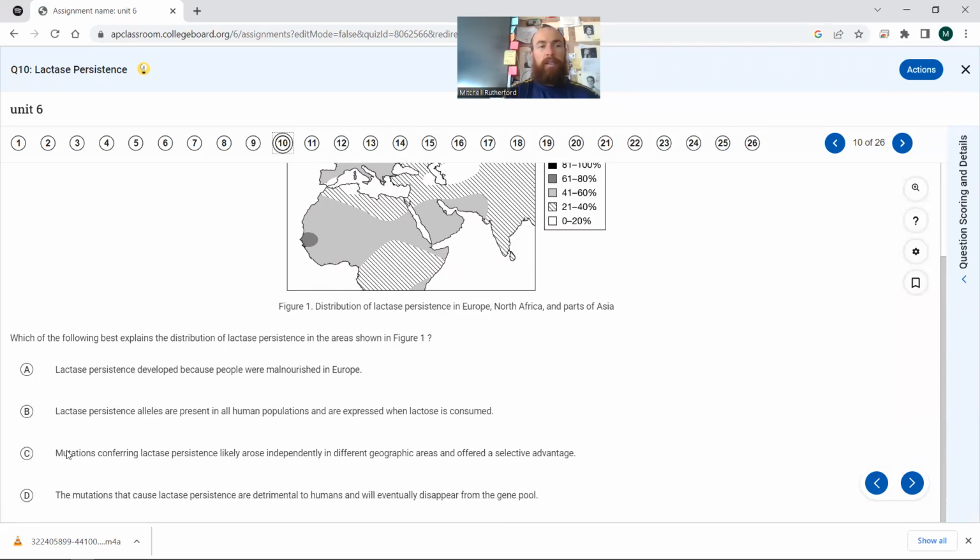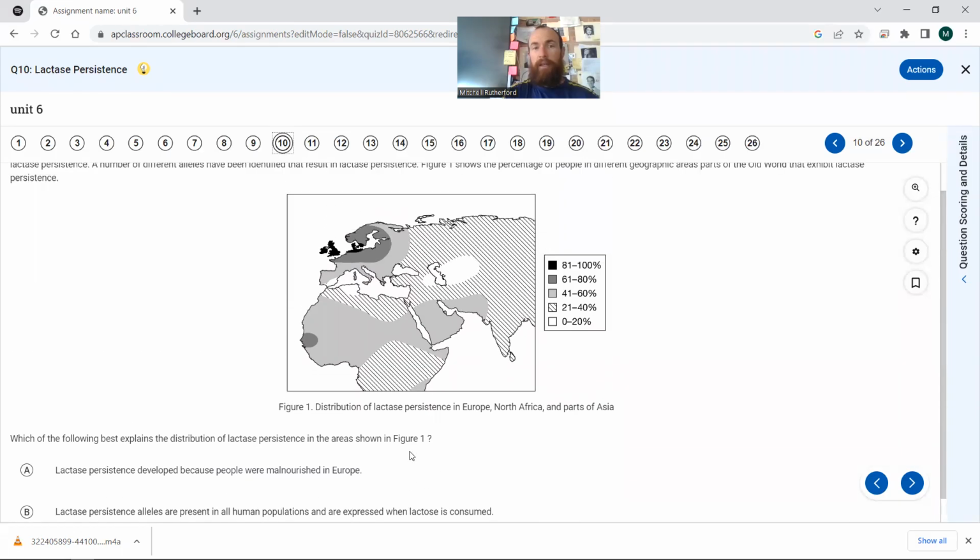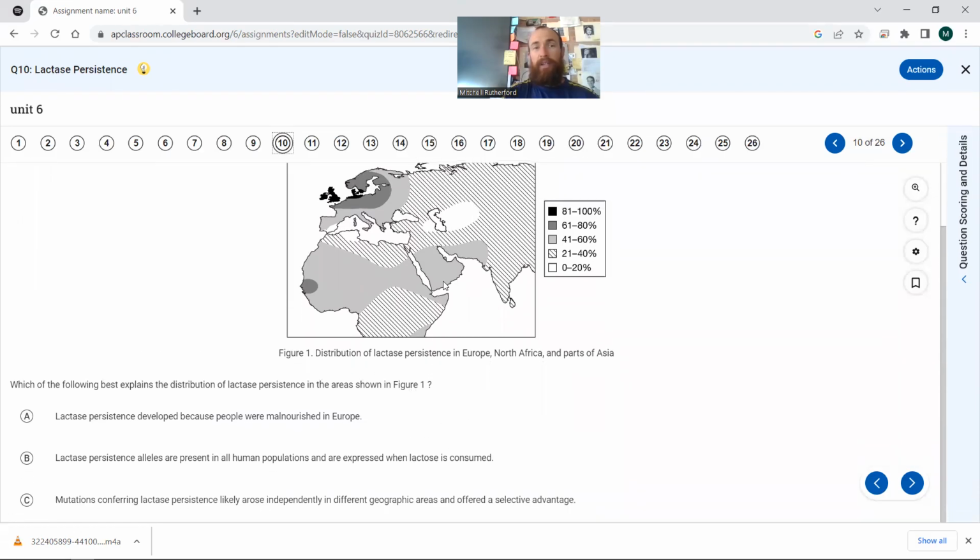Okay. C, mutations conferring lactase persistence likely arose in different geographic areas. I don't know. You can kind of see that, but in general, it looks like it originated up here in Europe and then just spread. And we know that Europeans colonized areas of Africa, so that's why it spread there.